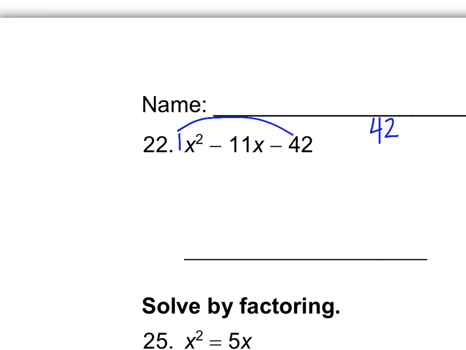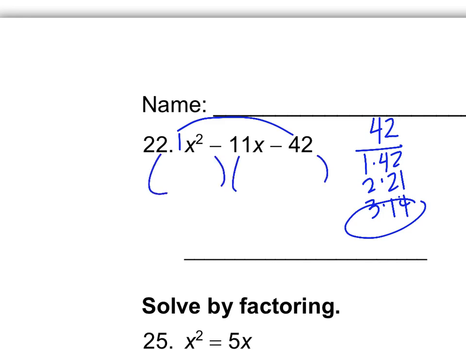If you're not very quick at it, let's see: 1 times 42, 2 times 21, 3 times 14, and there we go. That's our pair that multiplies to be 42, but subtracts to be 11. So if you weren't quick to find those, you can always make your list, and as soon as you find the pair, you can stop.